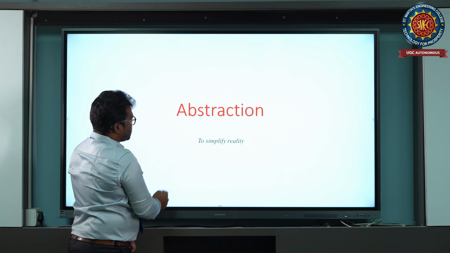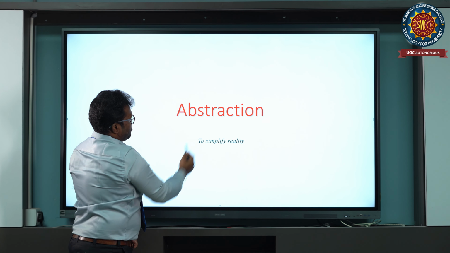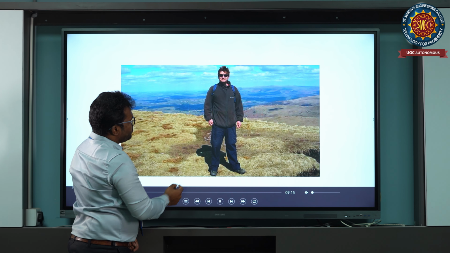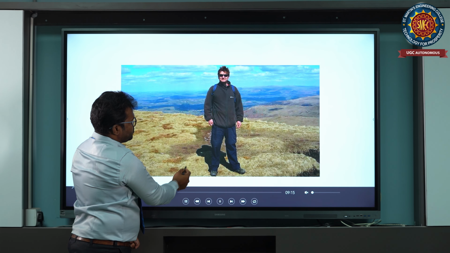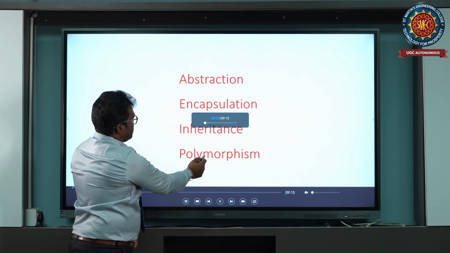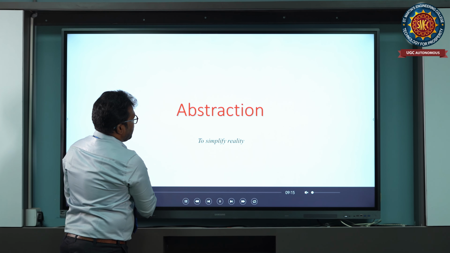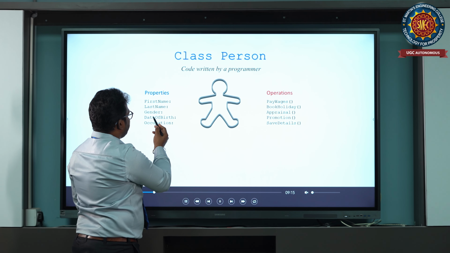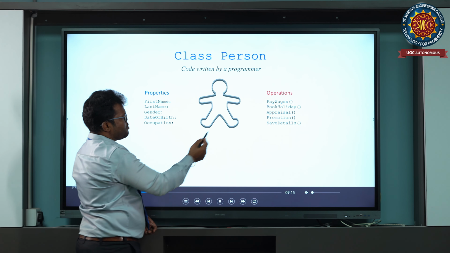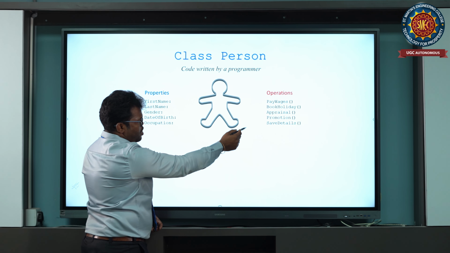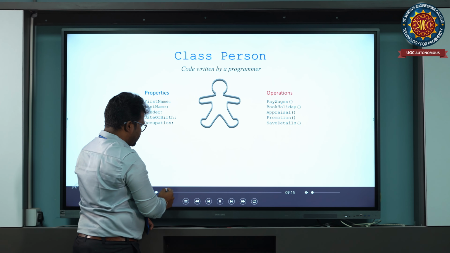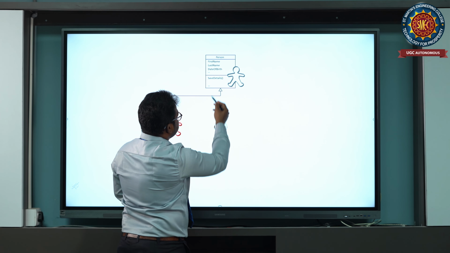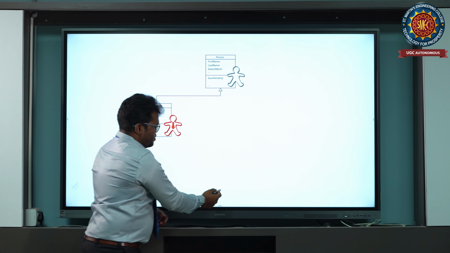Then abstraction and encapsulation, object and class person. Here the properties are first name, last name, gender, date of birth, occupation, operations like pay wages, book holiday, appreciation, promotion, save details. This is the person: first name, last name, date of birth, and employee.